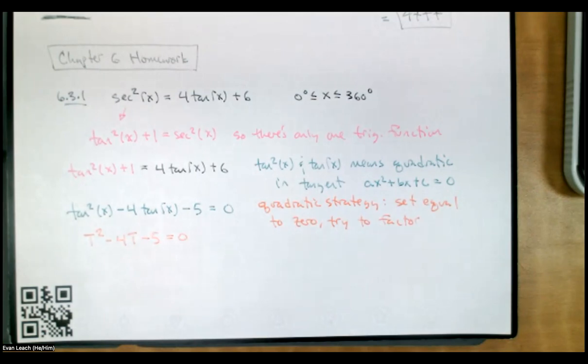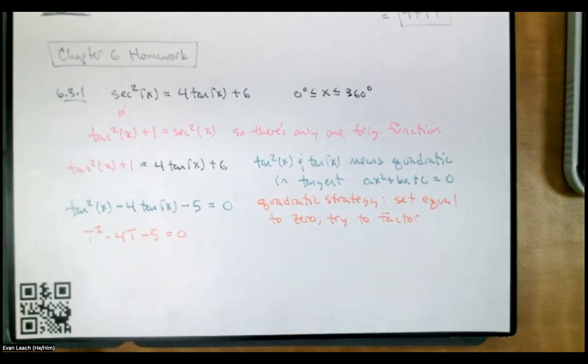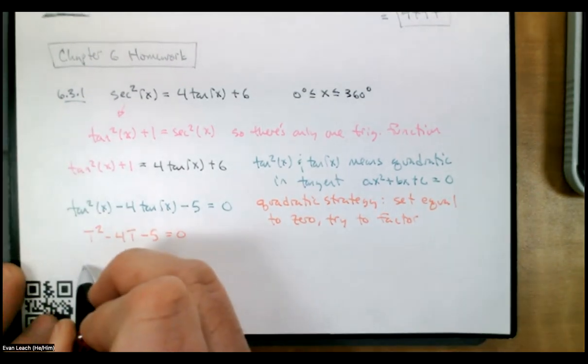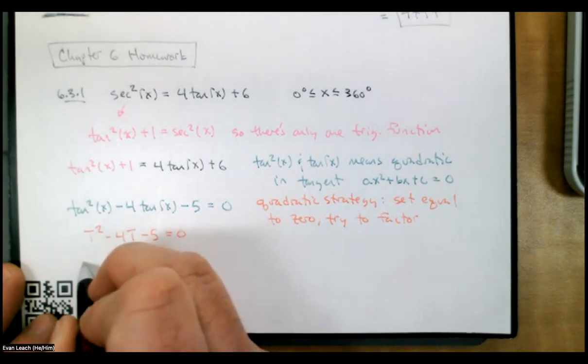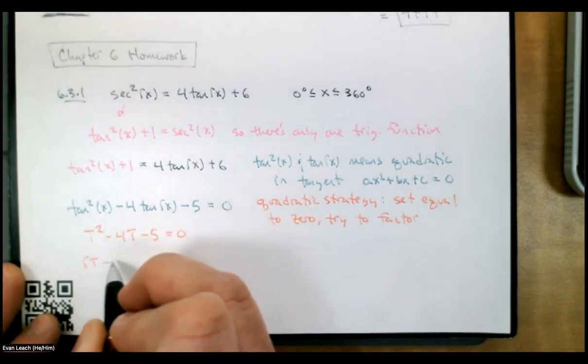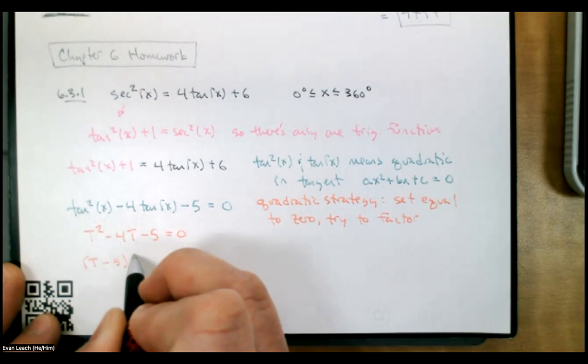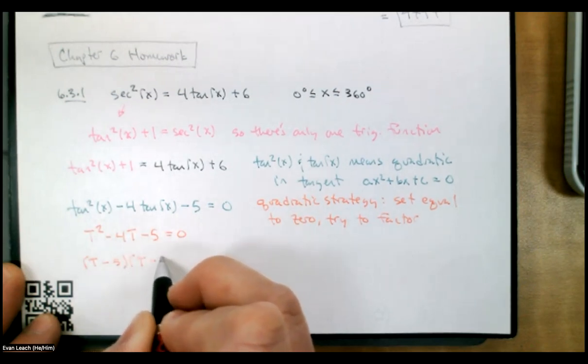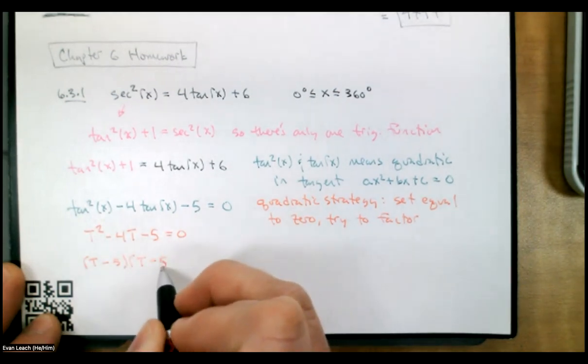So I want factors of -5 whose sum is -4.